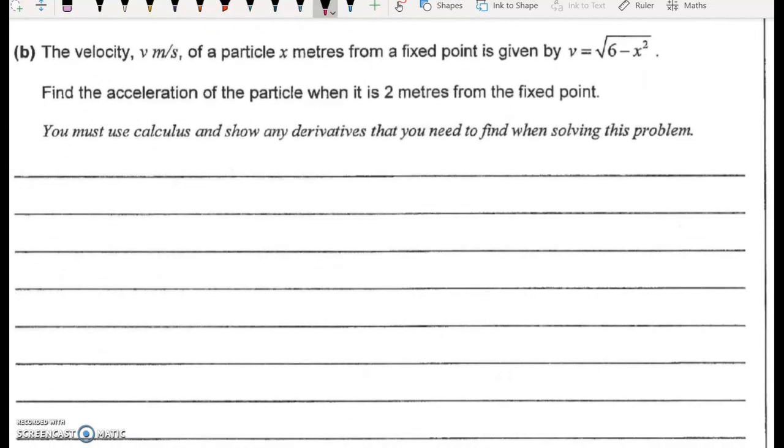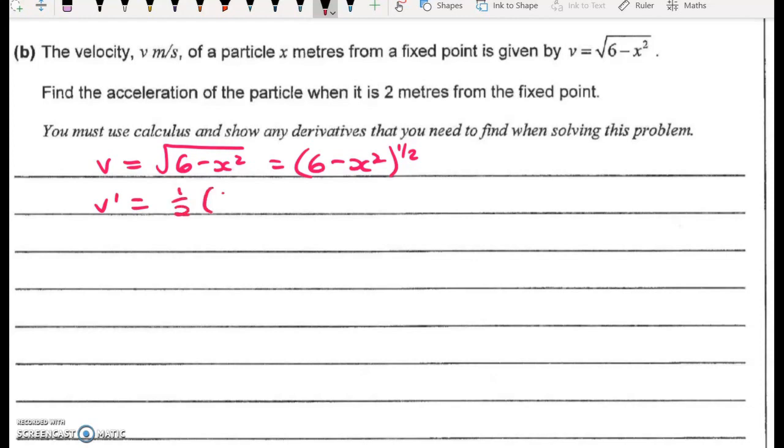Now, velocity and acceleration are linked in that if you differentiate velocity, you get acceleration. So with v, we are going to differentiate v. So v is the square root of 6 minus x squared, which is 6 minus x squared to the power of a half. So if we differentiate that, that is the chain rule.